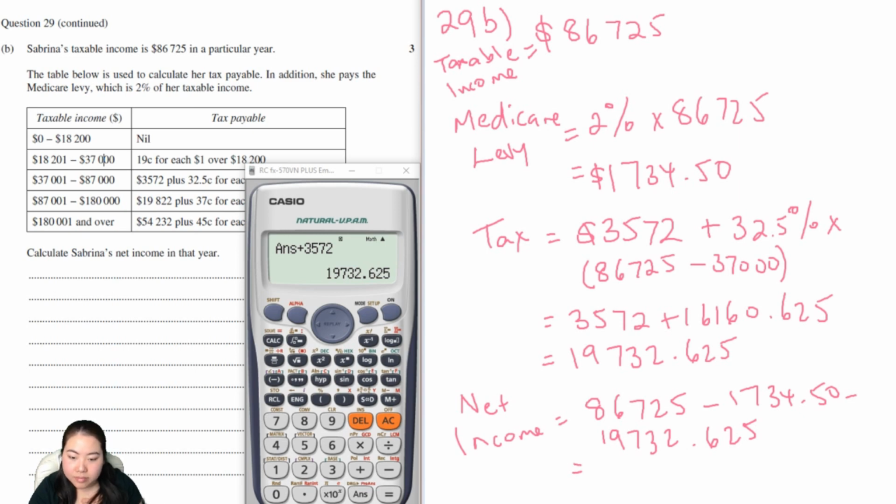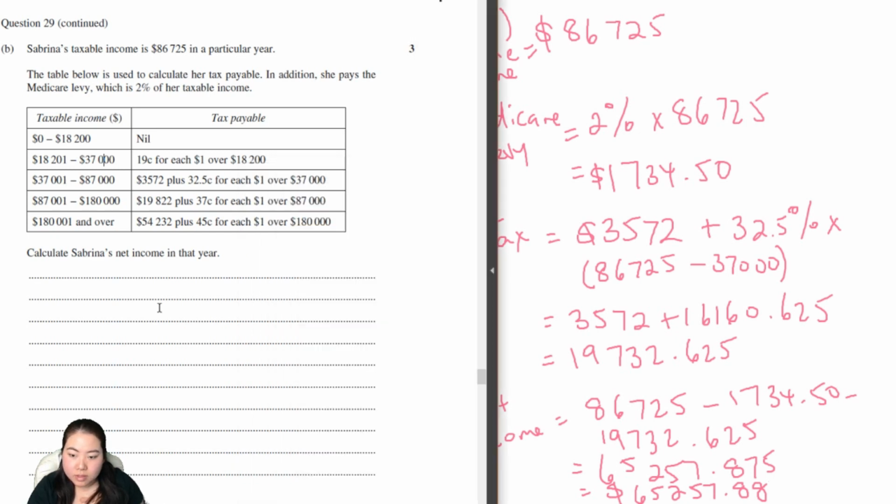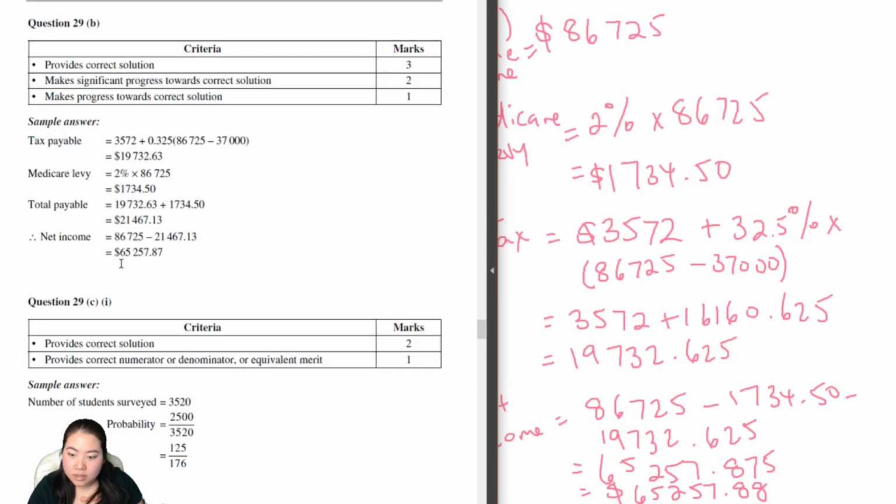That is 65,257.875, which in dollars is $65,257.88. Let's see the answer. Oh, they rounded it.